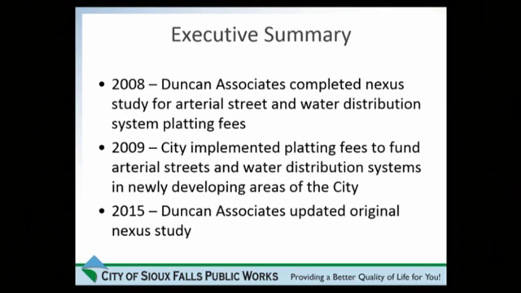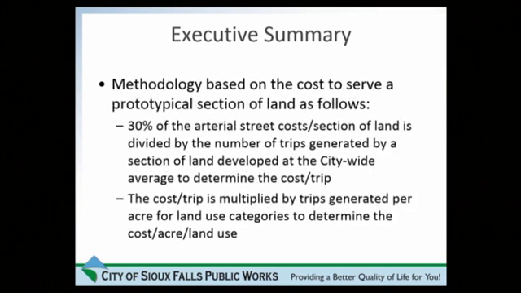The goal of the update was to review the methodology used in 2008 and then to update the data with items like construction costs. There's a lot here on this one slide, but the methodology for both of these platting fees is based on the costs to serve a prototypical section of land, which is 640 acres.